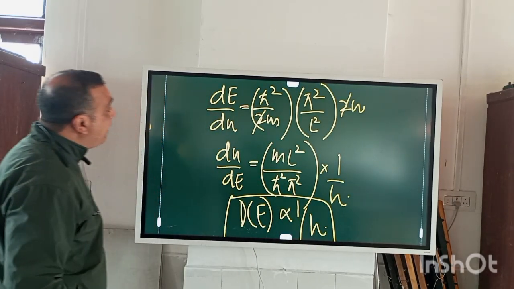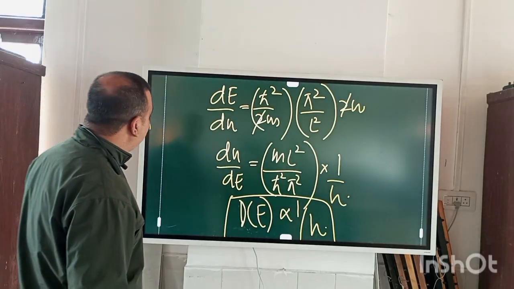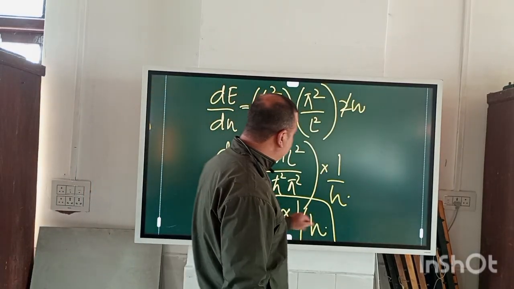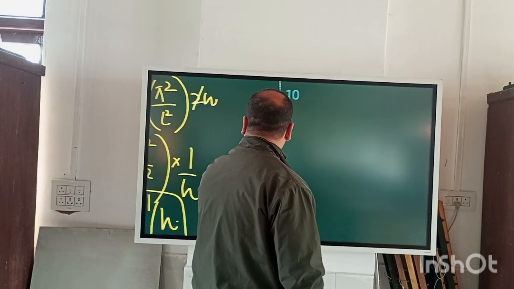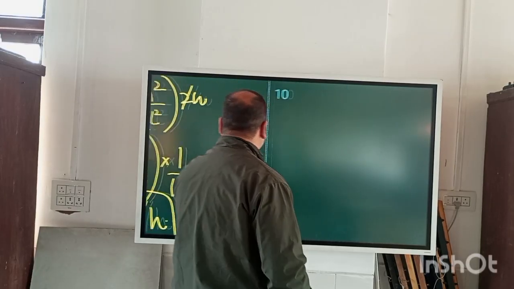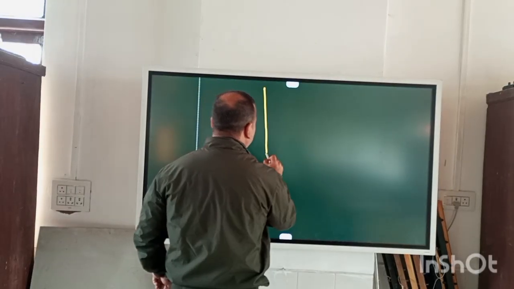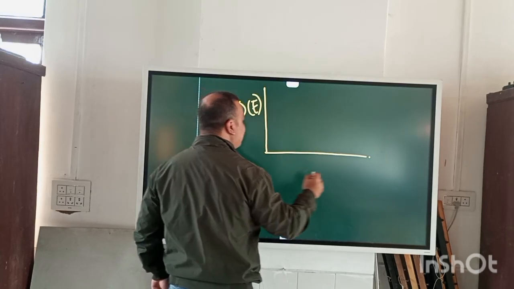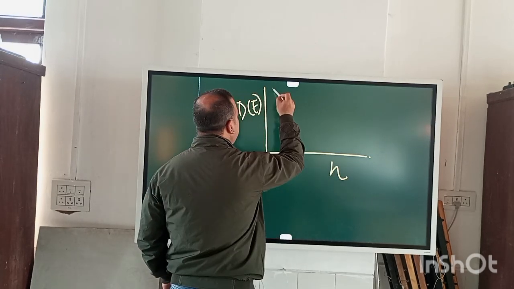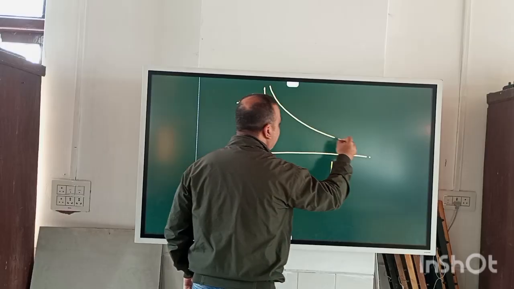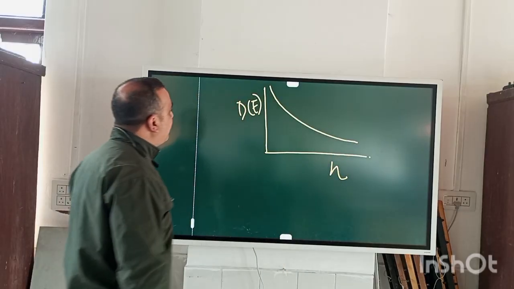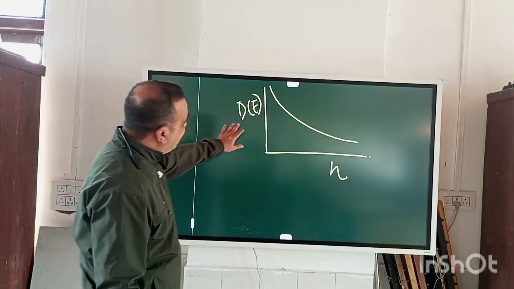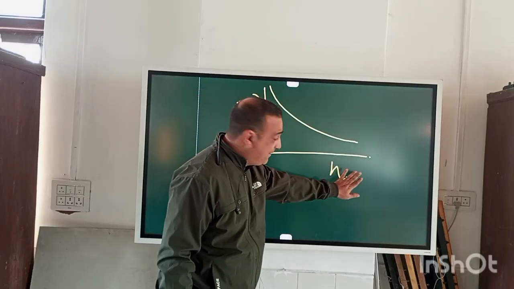So what we can do here is incorporate this result in a graph, and this is your density of states, and this is your n, and you have a reciprocal behavior. The behavior of the density of states with respect to n will be like this.